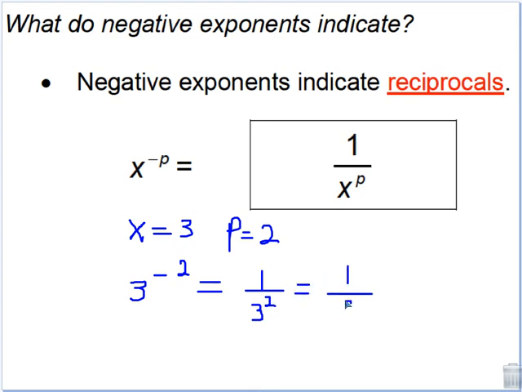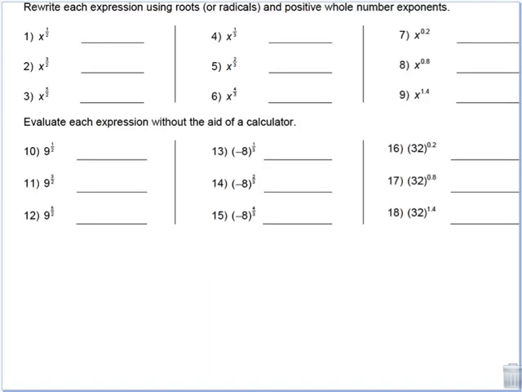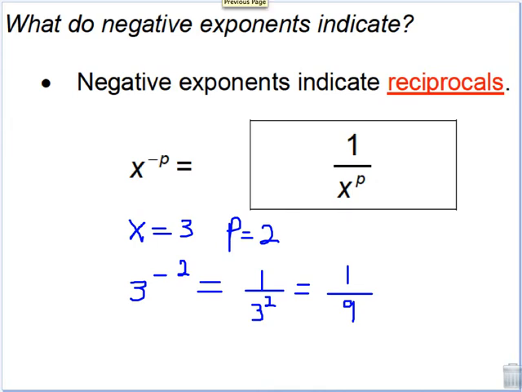If you have a calculator handy, plug in 3 raised to the negative 2 power, and then plug in 1 divided by 9 and see if you get the same answer. You will find that they are equal to each other. So that's the end of the notes for this section.